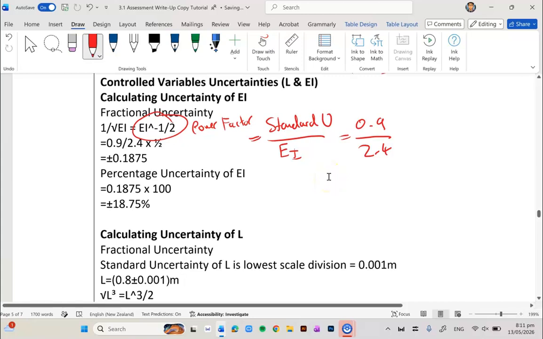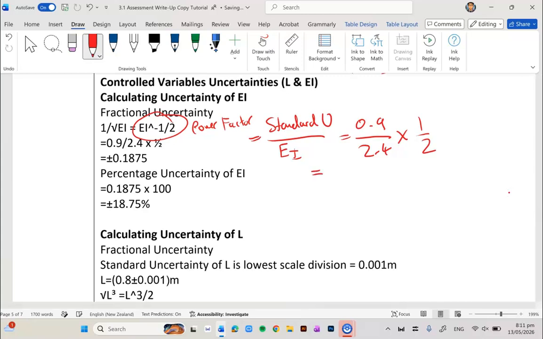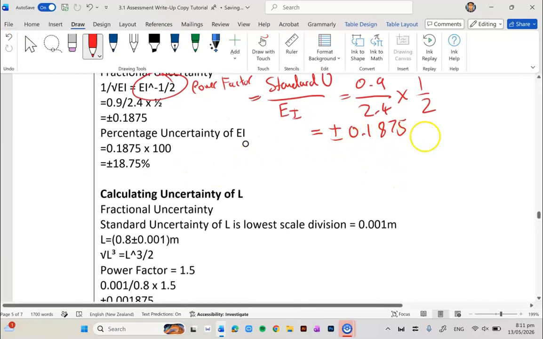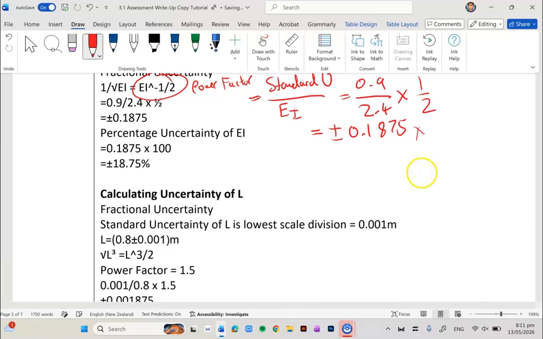And then you multiply this by the power factor, which we found was 1/2. Just ignore the negative, like I said. That will give you a fractional uncertainty of 0.1875. This is not a percentage uncertainty, so what we're going to do now is multiply this by 100, and that will convert it to a percentage uncertainty, which I found here.